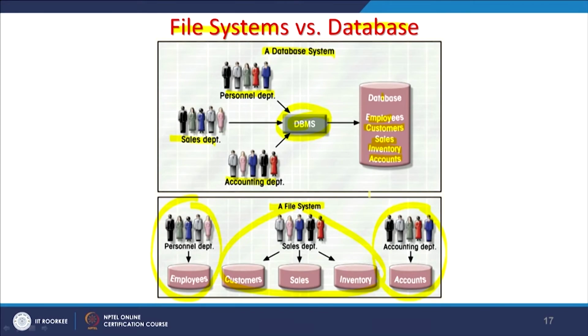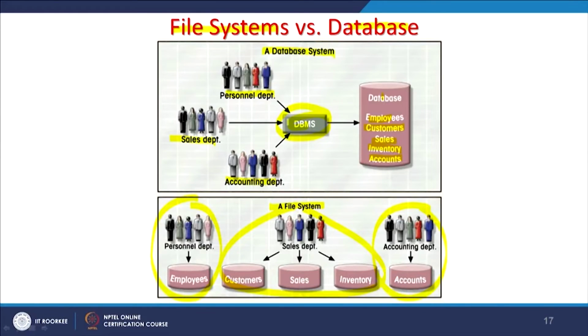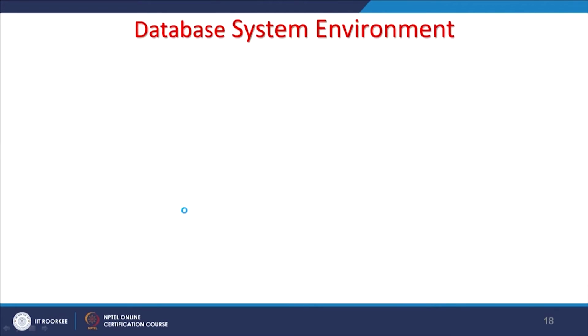Therefore, getting information from one department to another may be very, very difficult. But here the personnel, sales and accounting departments can all have access, because their data is residing in the same database management system, and therefore access and control become much easier.